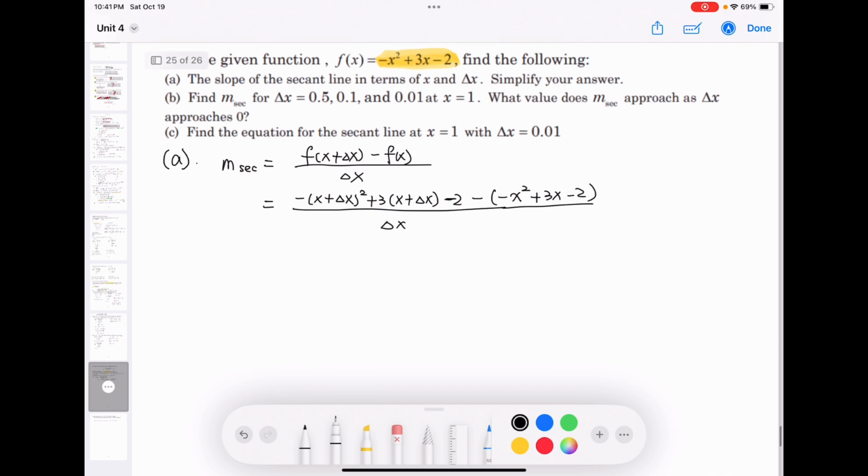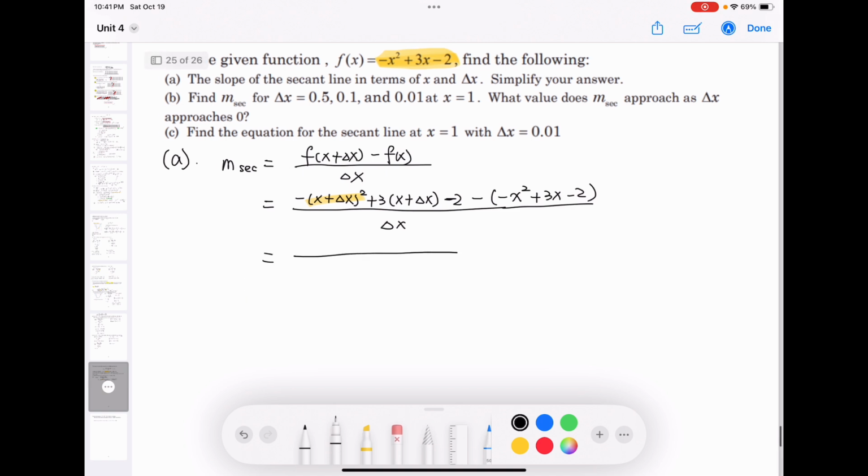Let's simplify the top. So here x plus delta x squared is x plus delta x times x plus delta x. You can follow it. You can also use the perfect square trinomial to find the 3 terms.